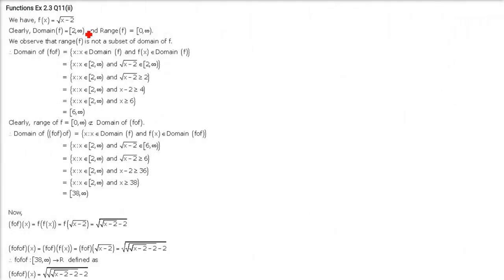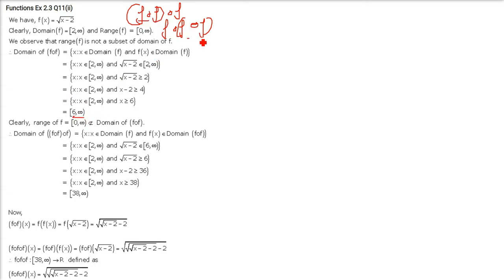So now we have to find out for fofof, right? Now you have three f operations, fofof. How to get the value? One function is f, the other function is f of f.